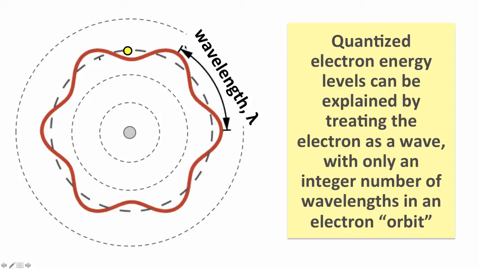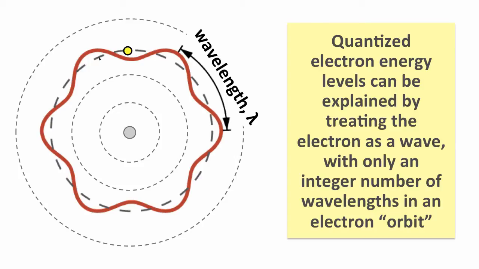So the orbit might have one electron wavelength that corresponds to its size of orbit, or 2 or 3 or 4, but you can't have partial wavelengths for the atom to survive and the electron not to spiral into the nucleus. Now that's a little bit more technical than we need to get to.